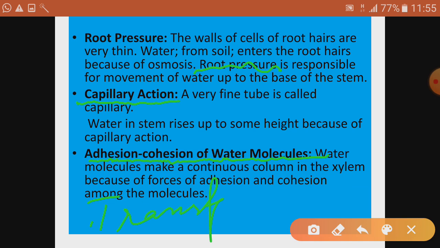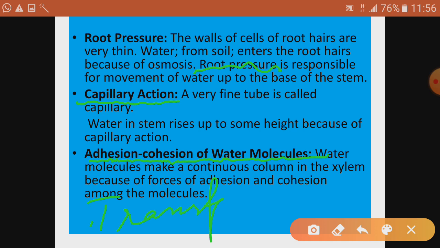The second theory says that water moves in the xylem in upward direction because xylem is very thin, just like a capillary tube. And because of the capillary action, as you have seen, the capillary is a fine tube, and you must have seen the movement of water in a capillary tube.